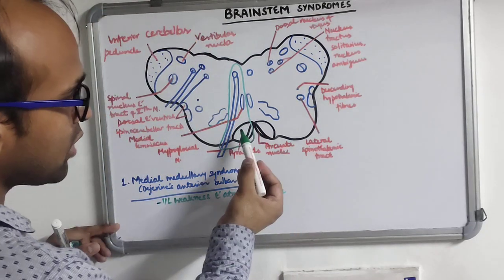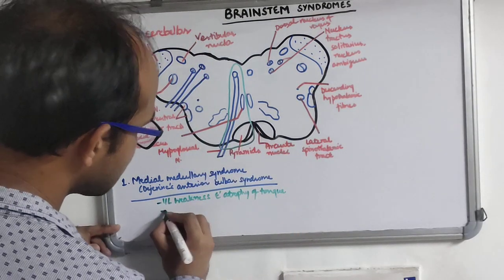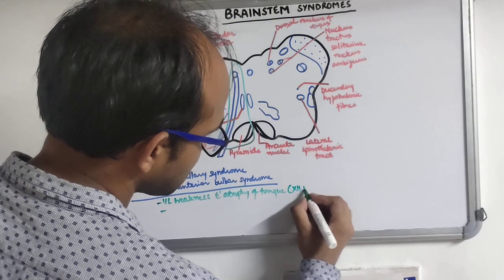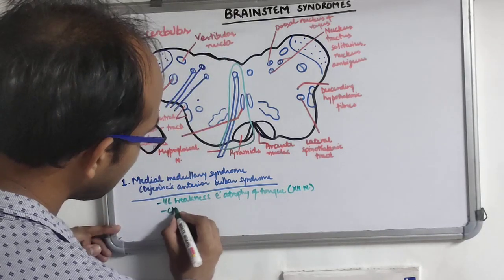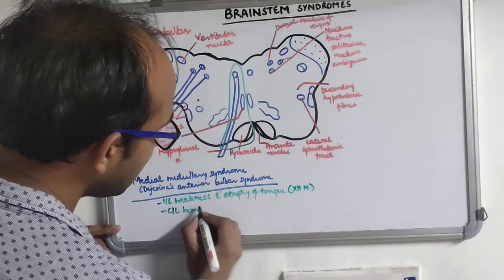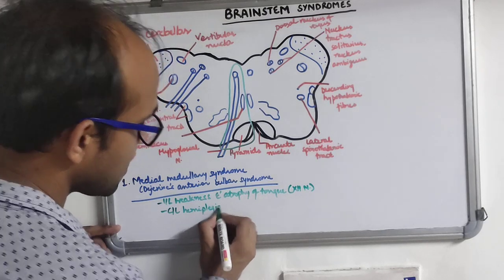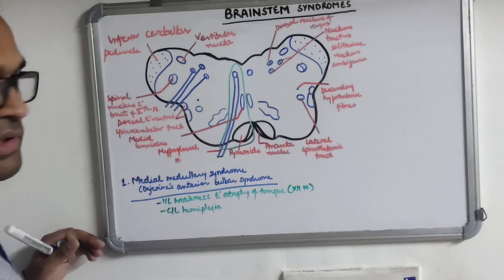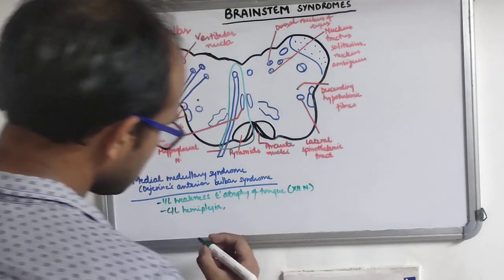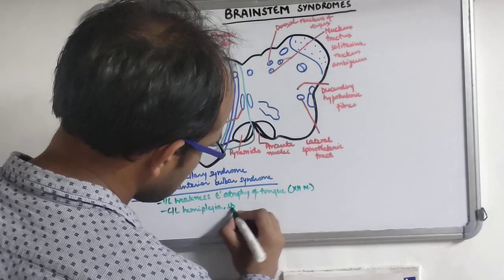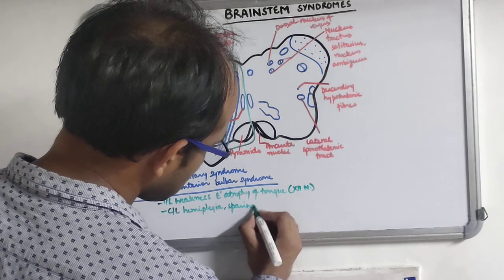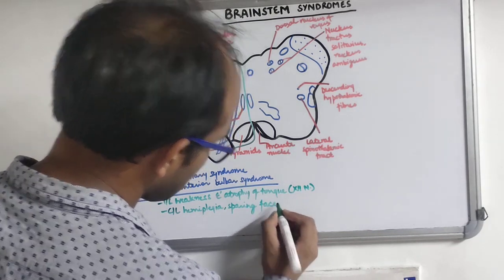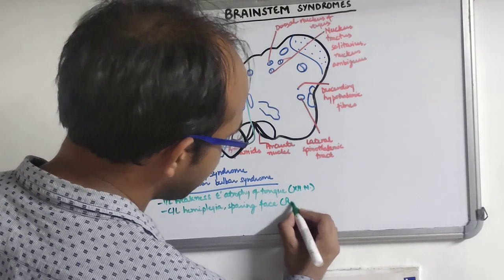Due to involvement of the pyramids, there is contralateral hemiplegia, but mind you, sparing the face, because the fibers for the face give away from the pons. So this is because of pyramids involvement.